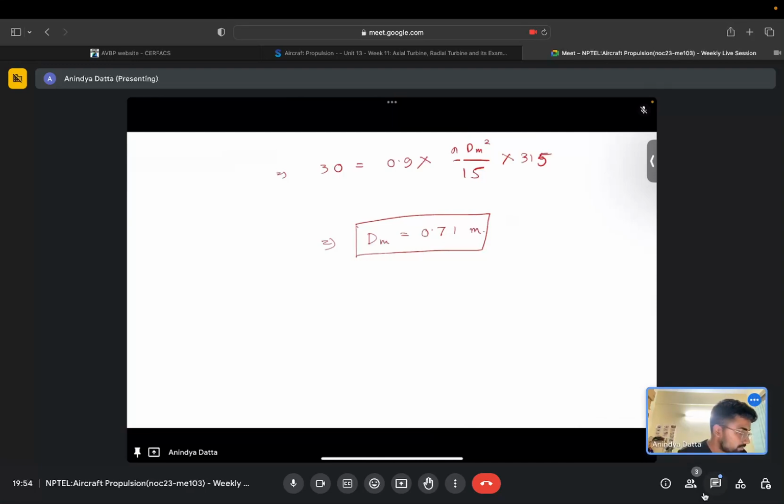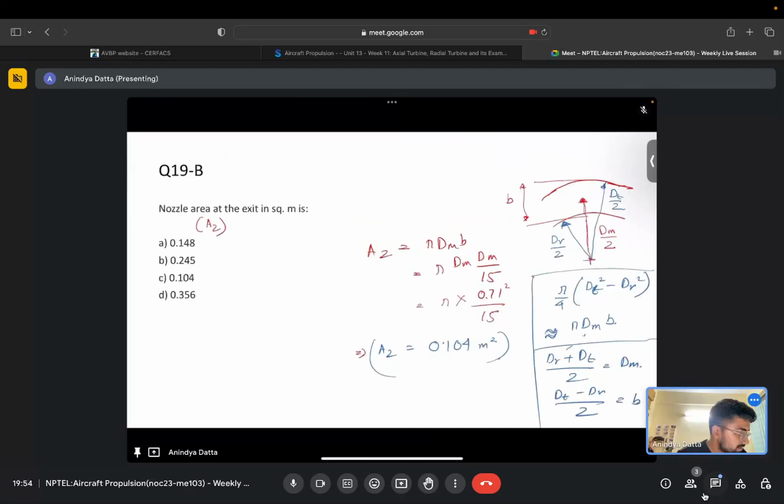Now if you put dm equal to dr plus dt by 2, and b as dt minus dr by 2, you will get pi by 4 here, and dr plus dt into dt minus dr, which is like a plus b into a minus b.